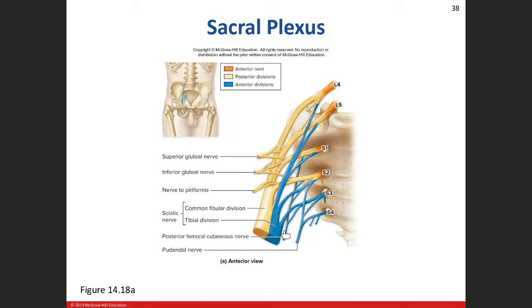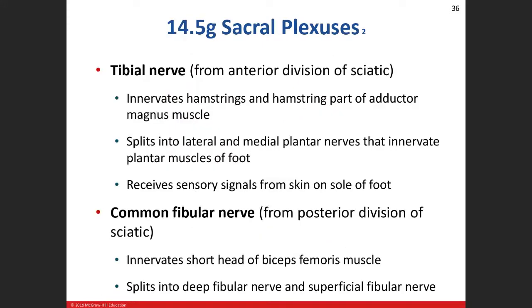For any of you that have ever ridden a bike for an extended period of time, and your butt goes numb, you can thank the pudendal nerve for that, because you've sat on it too long and caused it to go numb, and then your whole pelvic floor has felt that. But just notice that we get contributions for the sciatic nerve from both the posterior and anterior divisions here.